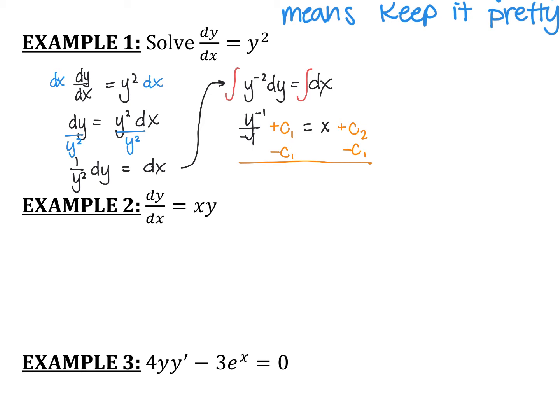What's the result? C2 minus C1, but C is a constant. C2 is a constant, C1 is a constant, and what do I get as a result when I take a constant minus a constant? A constant. C3. So, in the formal math classes, you might see this labeled as C3. I'm just going to call it C. It's fine.